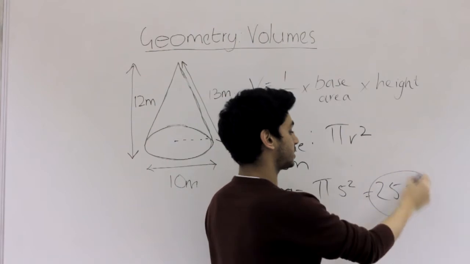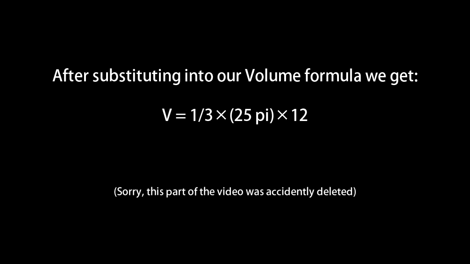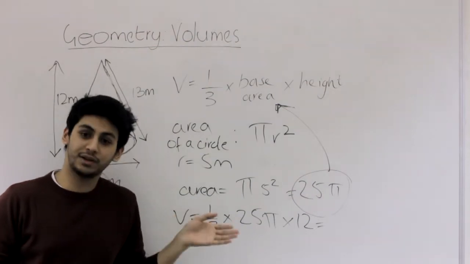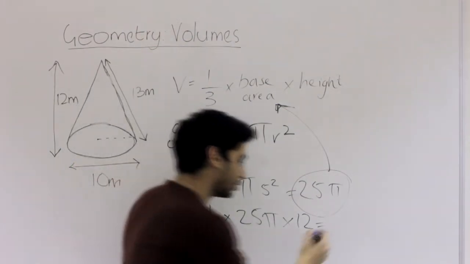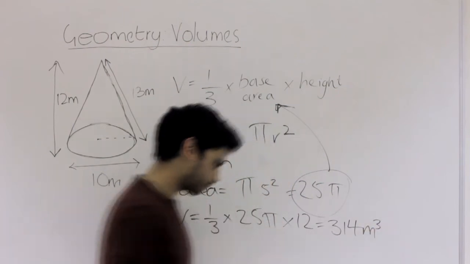So we're going to sub this into our volume formula. Now we're going to plug this into our calculator and we're going to get a value of 314 meters cubed.